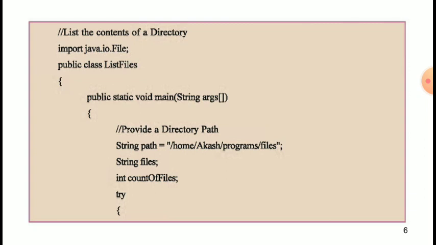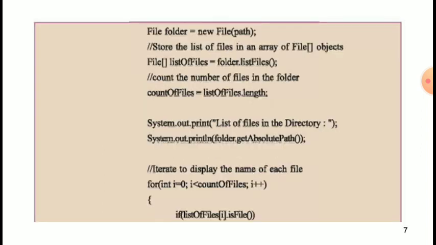Next, String files, int count of files, try block, starting curly brackets, File folder equals to new File(path), double slash, store the list of files in an array of File objects. File[] listOfFiles equals to folder.listFiles(), double slash, count the number of files in the folder, countOfFiles equals to listOfFiles.length.